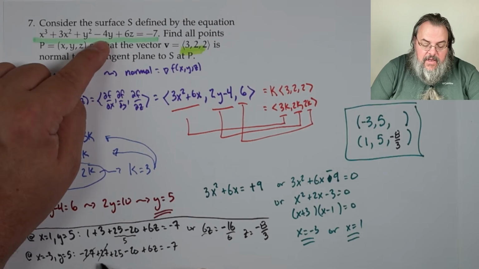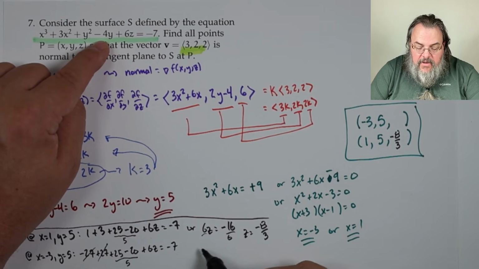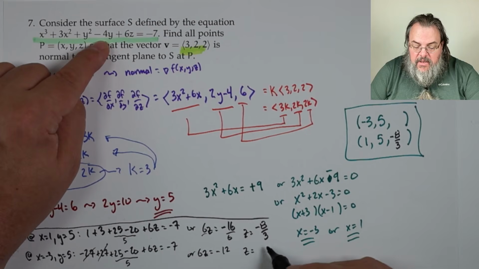Well, the 27's cancel, and here we have a 5. Subtracting, 6z is equal to minus 12, which says z should be minus 2.